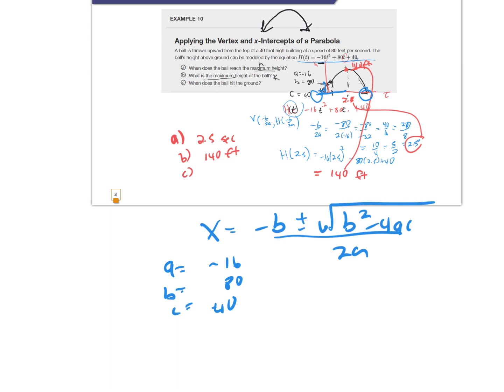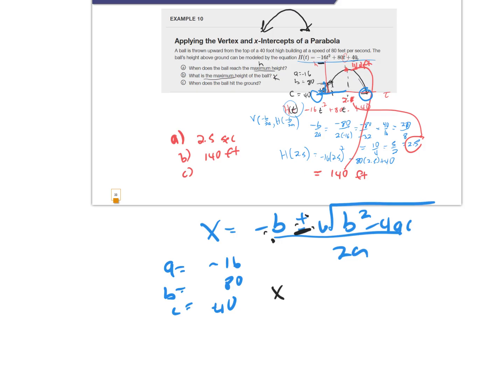So let's plug everything in. I'll probably set it up and I'll probably use a calculator. And I don't really need the negative one here. I could just deal with the positive because this negative plus all of this will be a positive number. If I kept it a negative one, a negative plus a negative would be a negative answer. I don't want the negative answer.